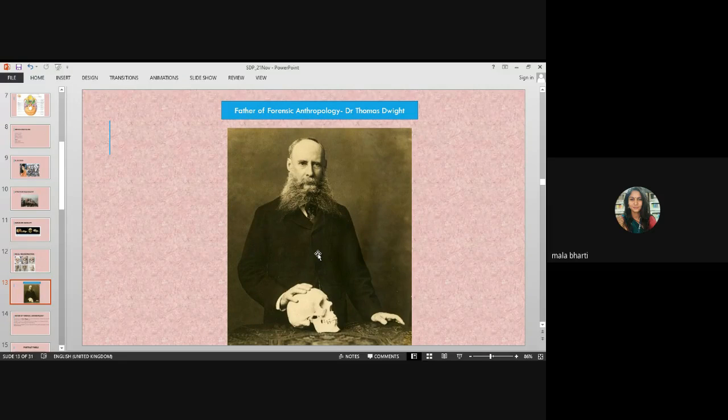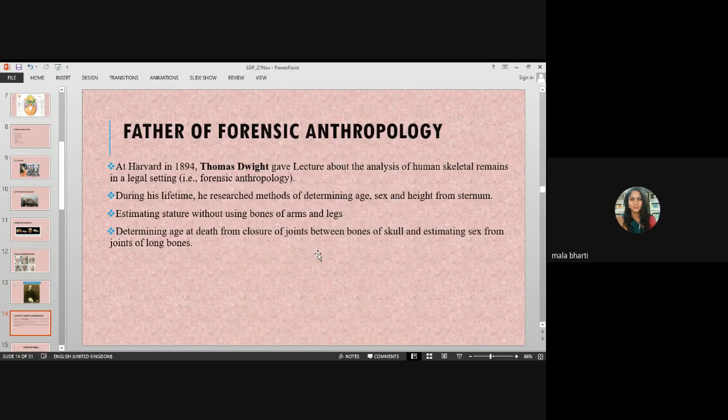Then the individual who introduced the world to forensic anthropology was Dr. Thomas Dwight. He did a tremendous amount of work in this field, and a lot of research on how to determine age, sex or height from the sternum, then estimation of stature without using the bones of the arms and legs.